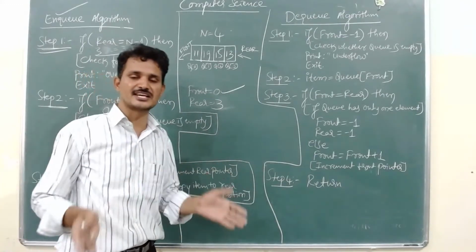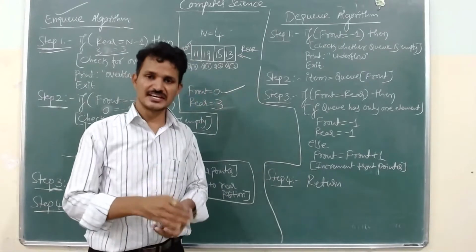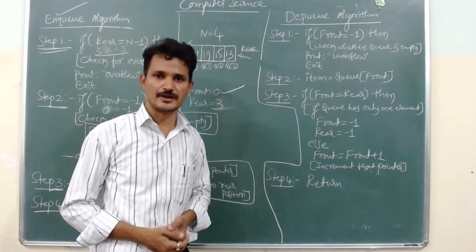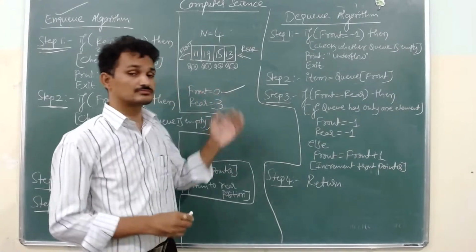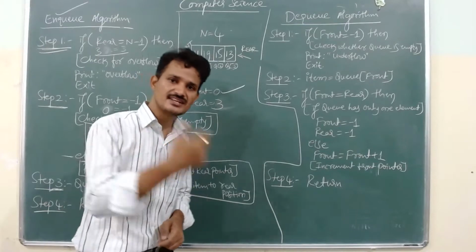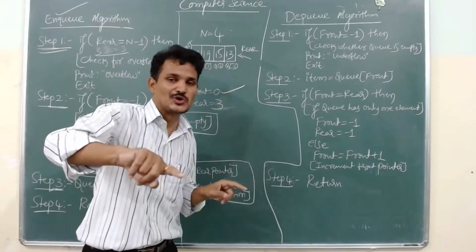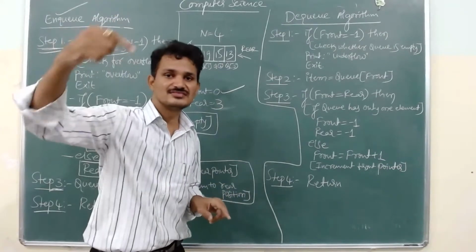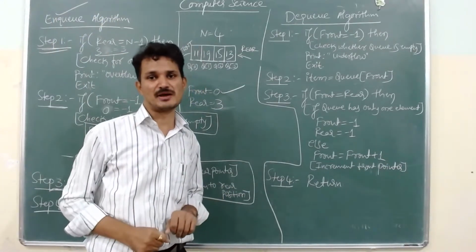At that time, front is -1, rear is -1. Then, during the insertion of the first element, 11 is inserted first. Then front becomes 0, rear becomes 0. Then we have inserted 19. Then front remains 0, rear increases by +1. That concept you need to remember.